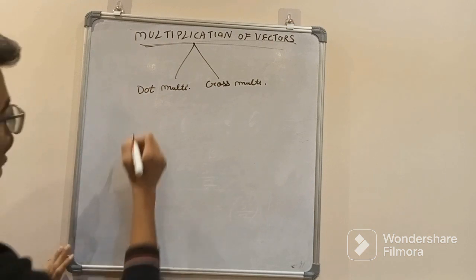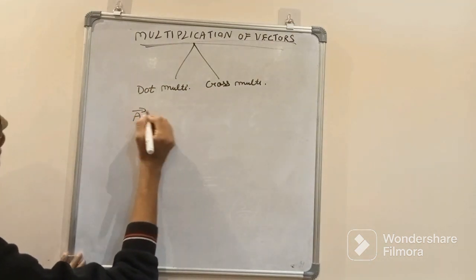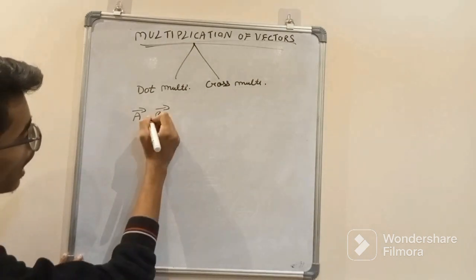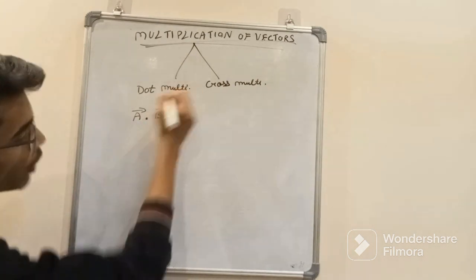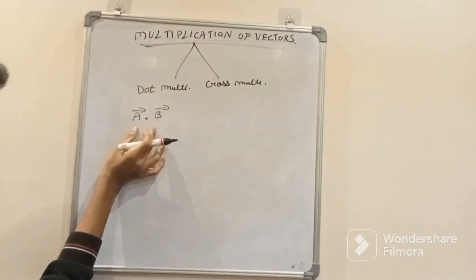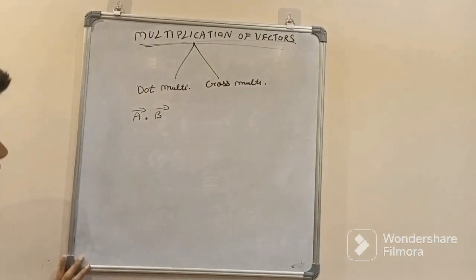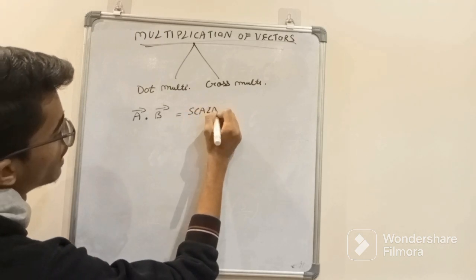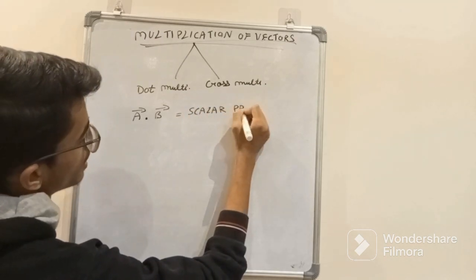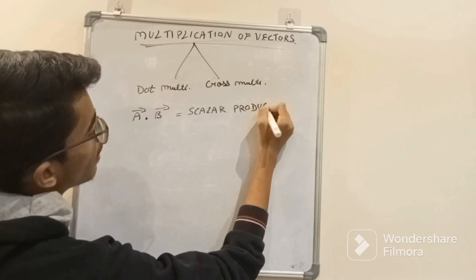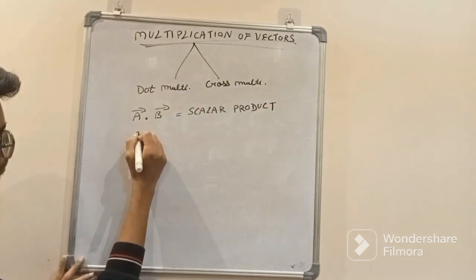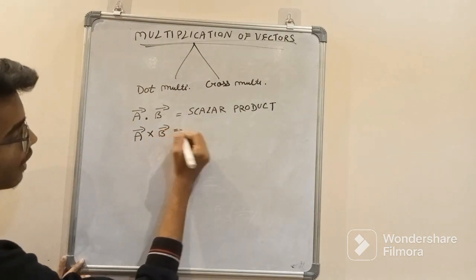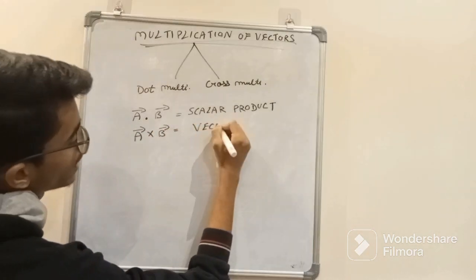Now, अगर हमारे पास दो वेक्टर है, a वेक्टर एंड b वेक्टर, अगर हम इन दोनों का डॉट प्रोडक्ट निकालते हैं, so the product will be a scalar product. और अगर हम किसी दो वेक्टर्स का क्रॉस प्रोडक्ट करते हैं, so the product will be a vector product.